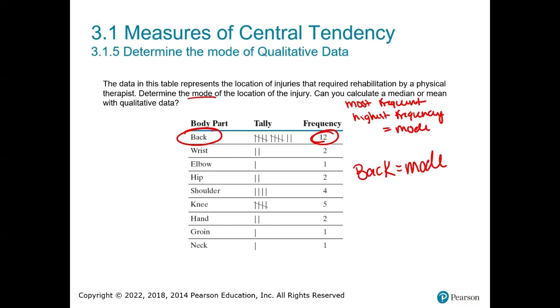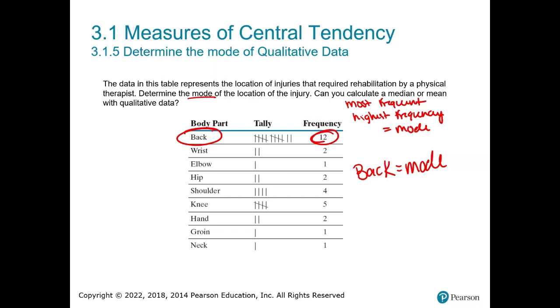So the question is, can you calculate a median or a mean from qualitative data? Can I find the average body part that I do physical therapy on? No, that doesn't make any sense. Can I find the middle value of body part that requires physical therapy?